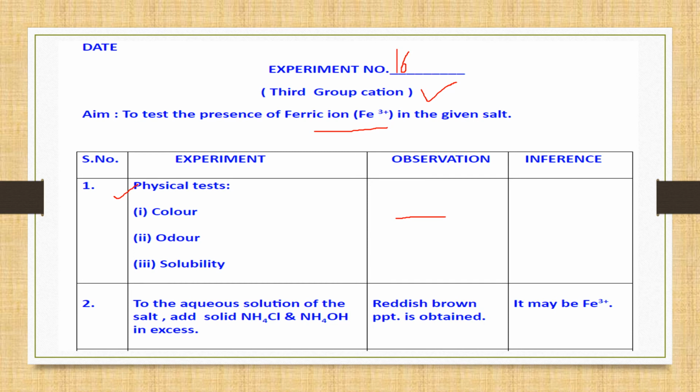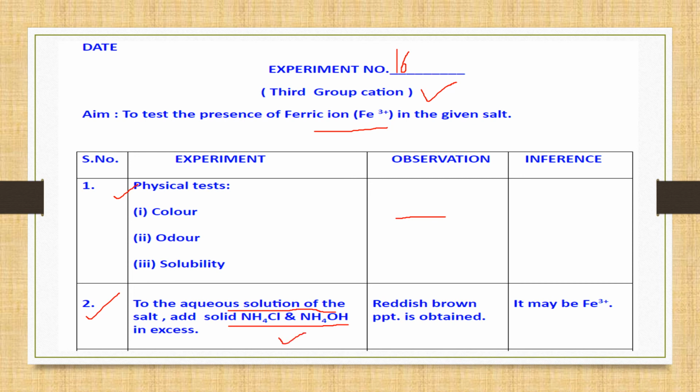So here, after the physical tests, you will carry out the chemical test. The first test is you will make the aqueous solution of the given salt and add solid NH4Cl and NH4OH solution to it in excess. This is the group reagent, NH4Cl and NH4OH, for the third group.